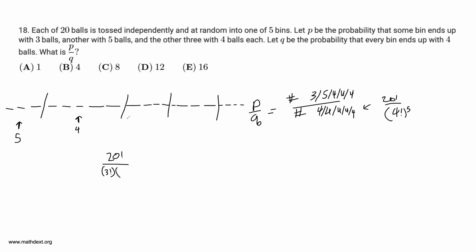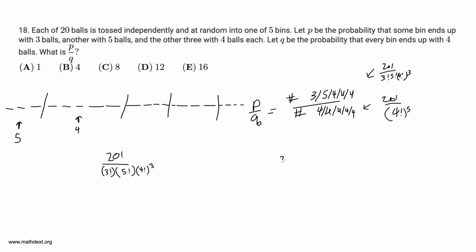Then for the second bin with 5 balls, you have to divide by 5 factorial because there are 5 factorial ways to rearrange those, and you've counted too many by that factor. And then for the other 3 bins, divide by 4 factorial because there are 4 balls in each of the other 3 bins. So 4 factorial cubed. That's your numerator. 20 factorial over 3 factorial, 5 factorial, 4 factorial cubed.